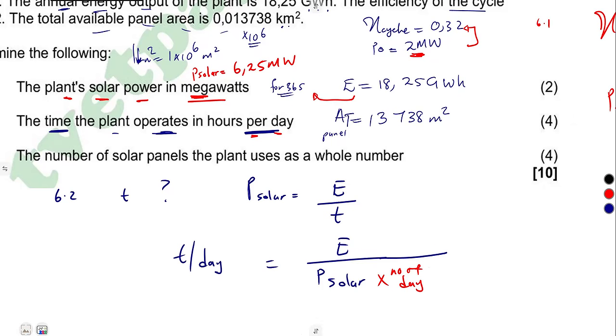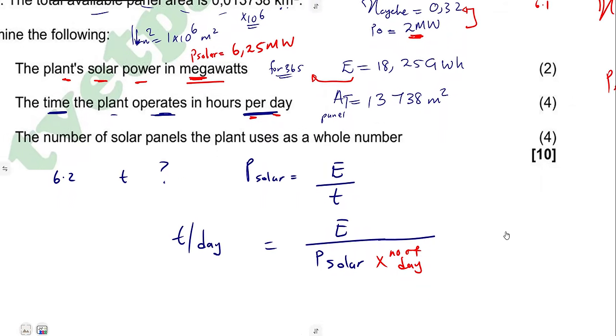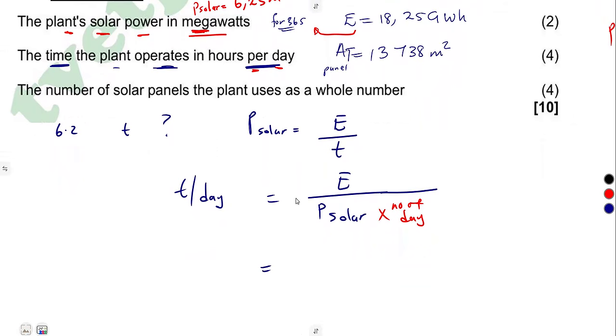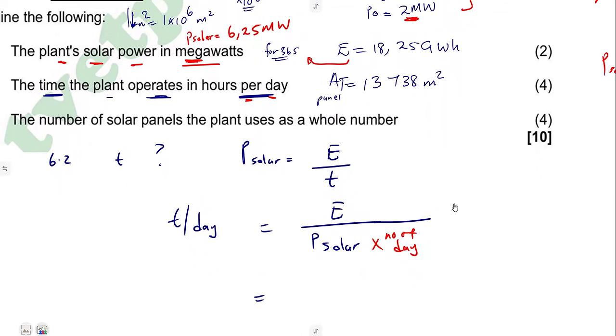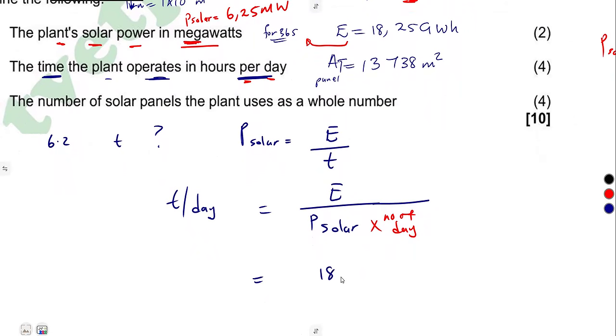To have per day, we must consider the number of days in our calculation. So that was the consideration. So E is in gigawatt hours. So let's just rewrite. Giga is times 10 to the exponent of 9, 18,25 times 10 to the exponent of 9.